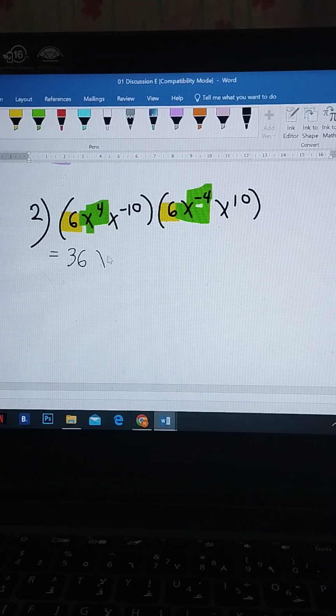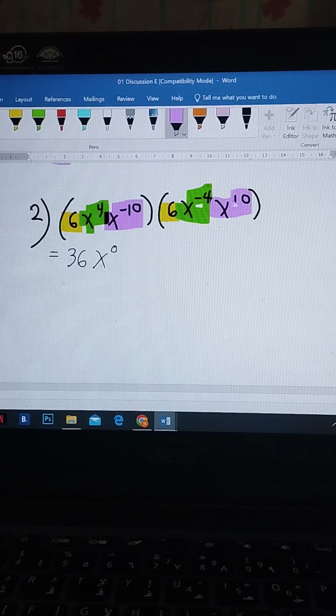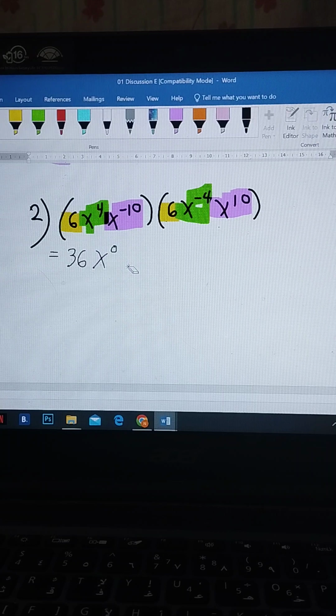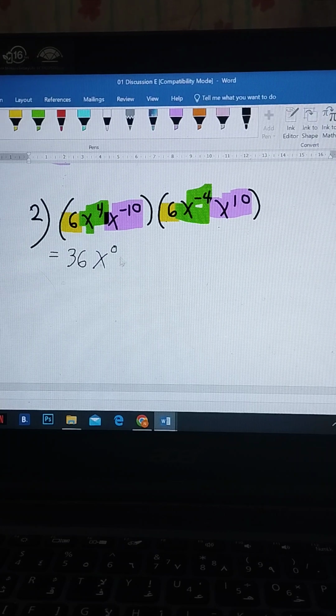Then the other one is another x raised to negative 10 times x raised to 10 is another x raised to 0.